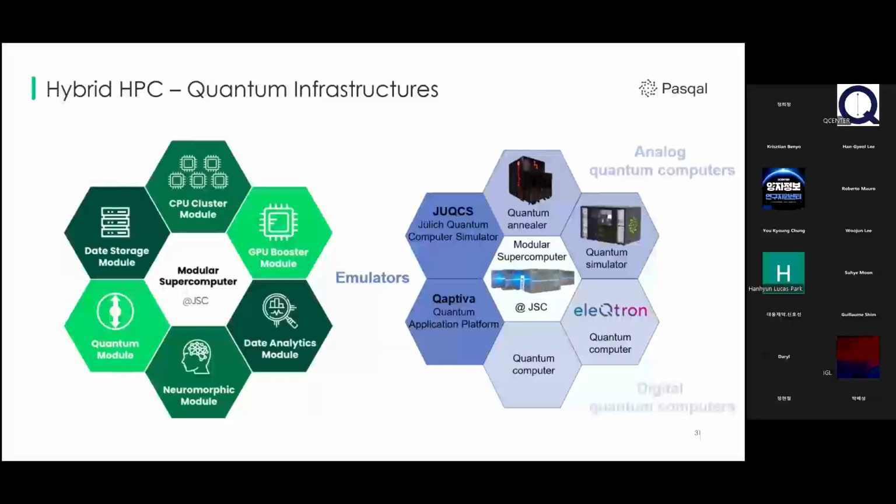On top of that, there is also the intermediate notion, which is highlighted here with emulators. So a quantum emulator is a classical or conventional computational resource that is parameterized, that is set up to behave like a quantum computer.